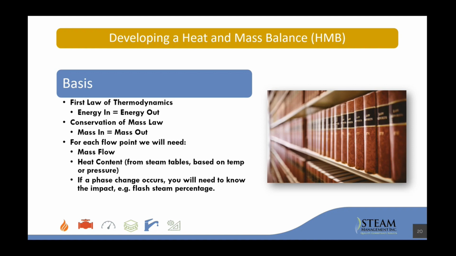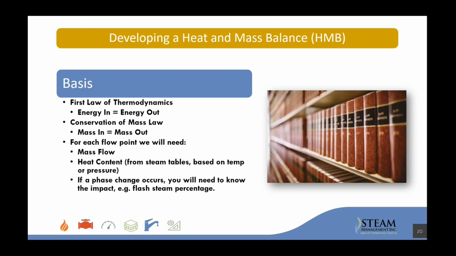The basis for the heat and mass balance is basically the first law of thermodynamics, right? Energy is neither created nor destroyed. Any energy into the system has to equal the energy out of the system. And then you also have a conservation of mass law: mass into the system equals mass out of the system.